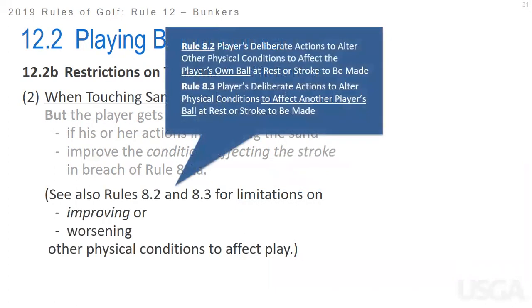If you're considering learning more about that, Rules 8.2 and 8.3 are good places to look for more information on limitations on improving or worsening the area around the ball.